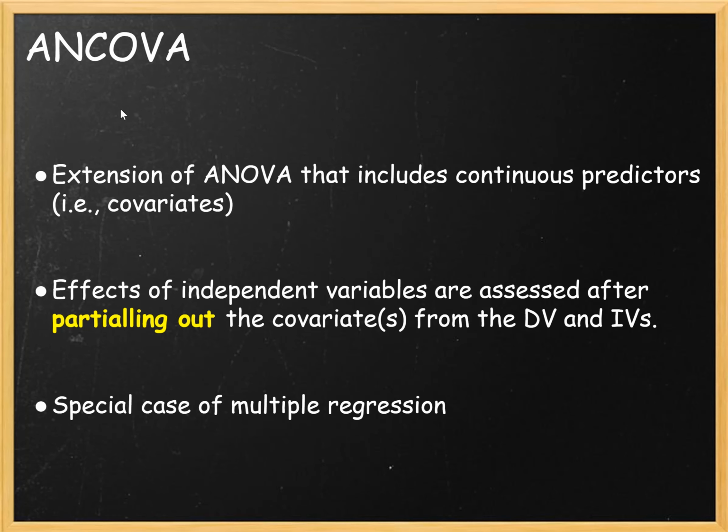So ANCOVA is part of the general linear model, and as such is a special case of multiple regression where we have independent variables that are categorical and are probably the focus of our hypothesis tests, but we also have a continuous interval ratio variable or several interval ratio variables that we want to statistically control for to see what is the relationship between the IV and the DV, or what are the mean differences across the levels of the IV in the DV after partialing out the effects or the relationship between the covariate and the dependent variable.